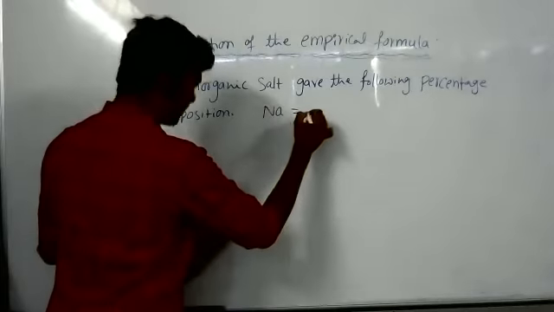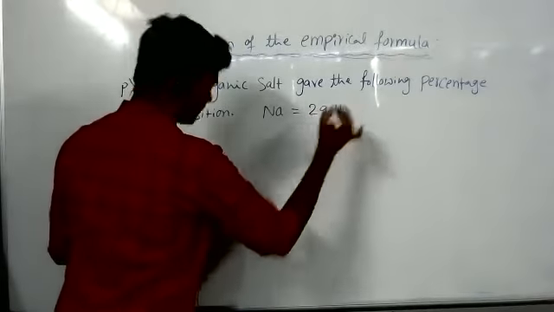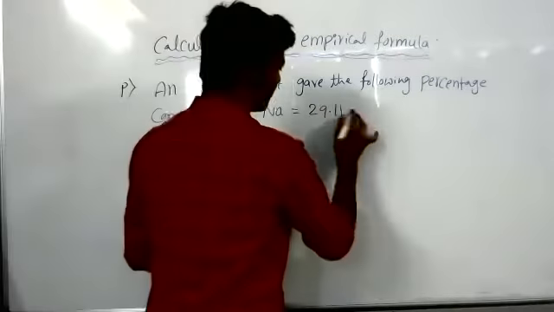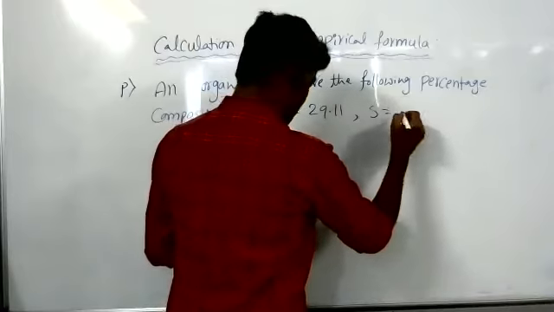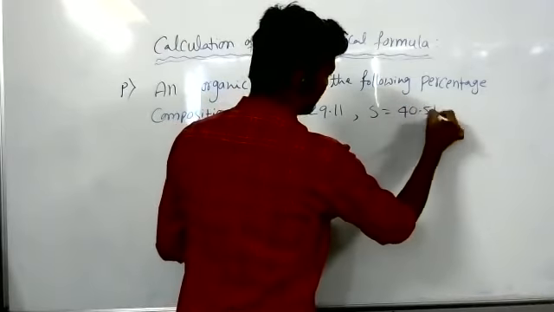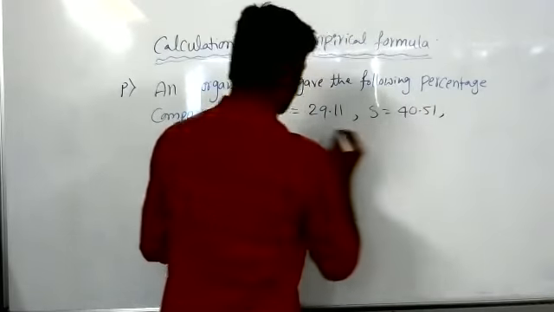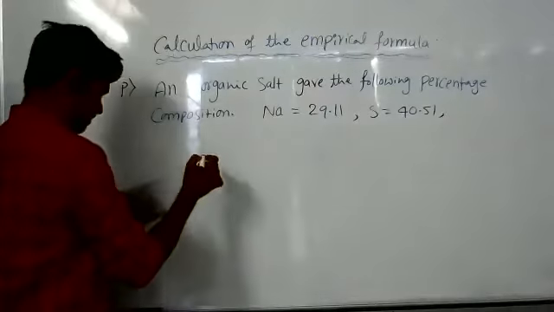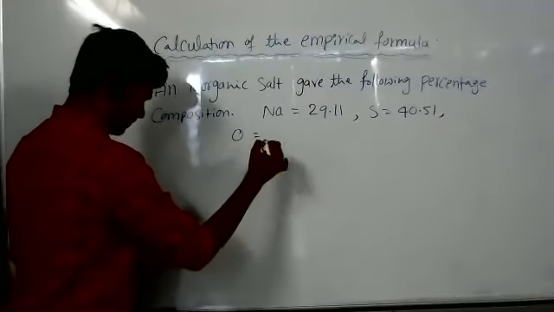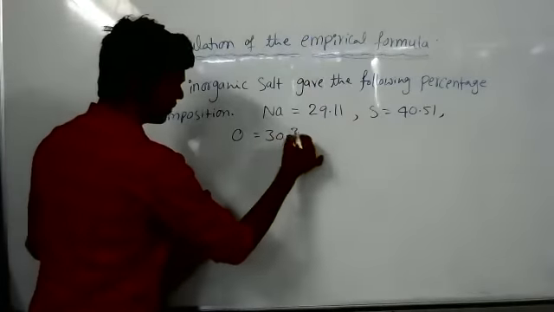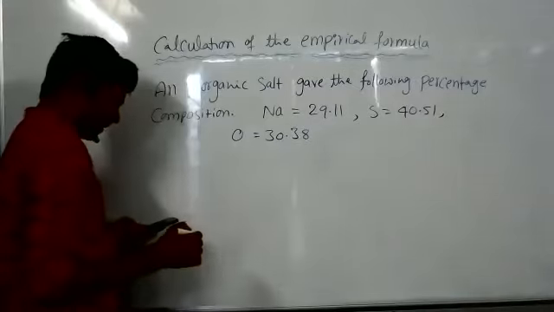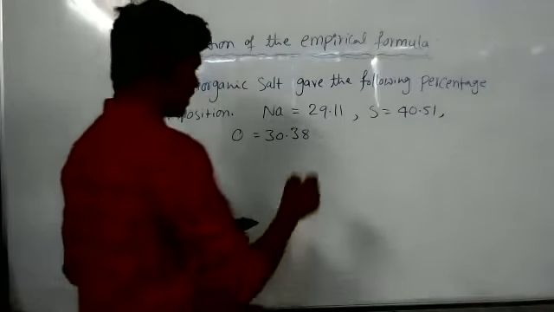Sodium percentage is given 29.11. Sulfur percentage is 40.51. The oxygen percentage is 30.38. Calculate the empirical formula of the salt.